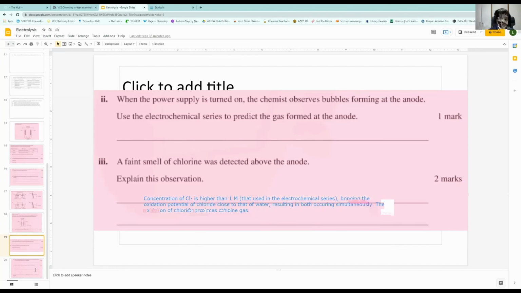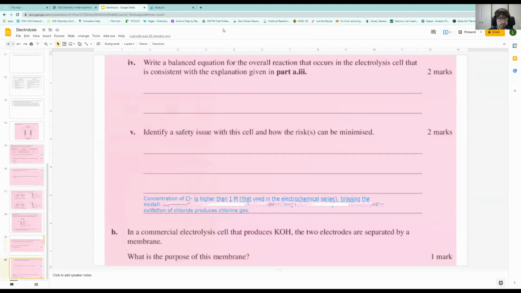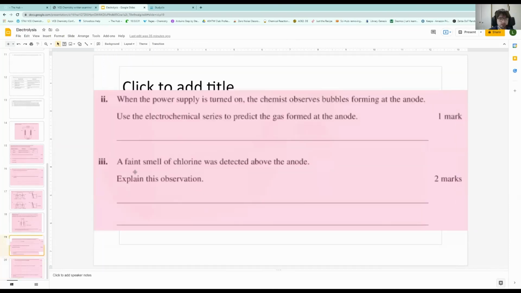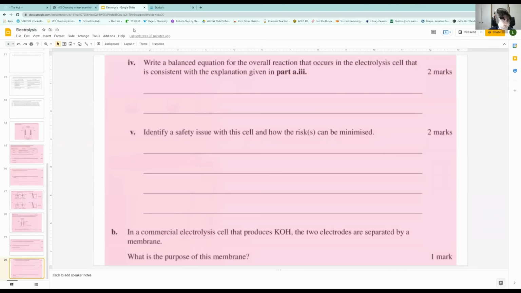All right. Let's finish off. Write a balanced equation for the overall reaction that occurs in the electrolysis cell that is consistent with the explanation given in part A3. So this is chlorine being produced.